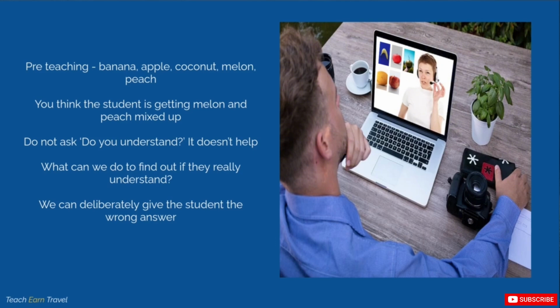In the same way here, if your student has really understood these things, if we point at this picture of the melon and we say peach, and we point at the picture of the peach and we say melon, if your student has really understood this, their brain's going to tell them something is wrong, and they're going to say, no, this is a peach. When you point at this, they'll say melon. We can do it like this with our student.